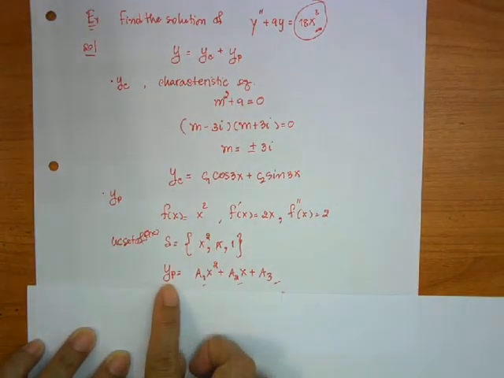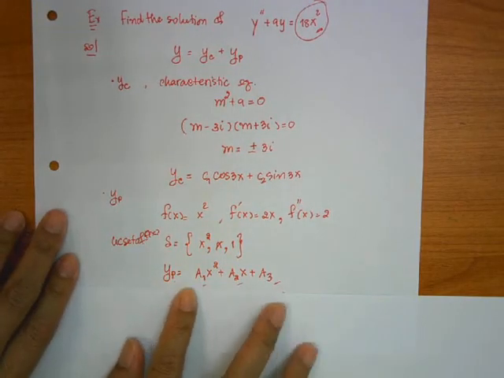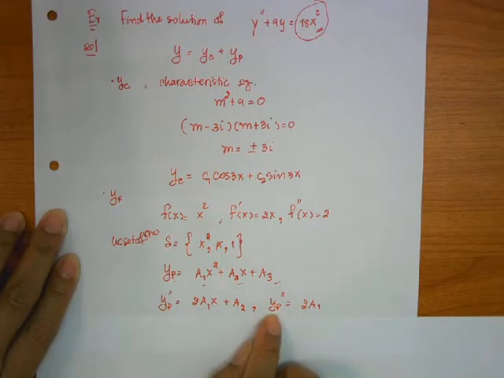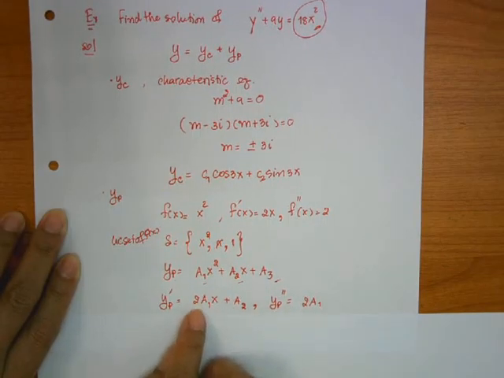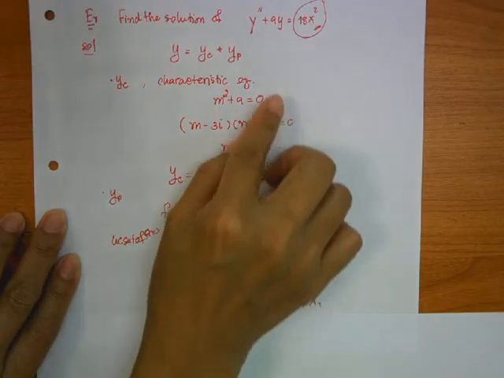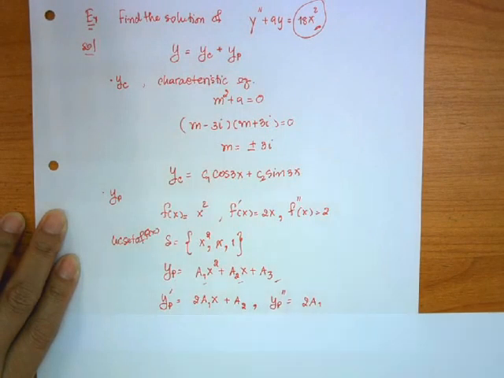The first derivative of yp is 2a1x plus a2, and the second derivative of yp is 2a1.